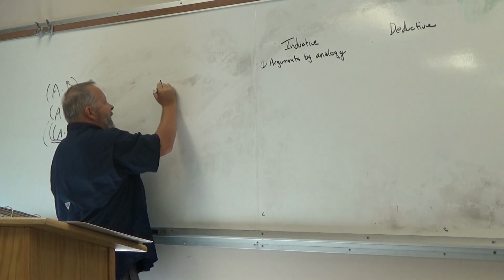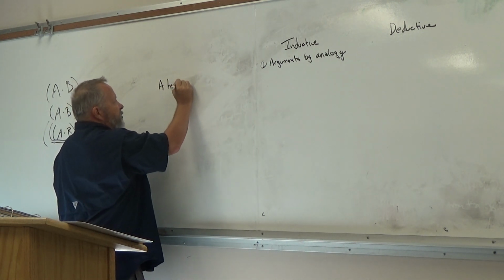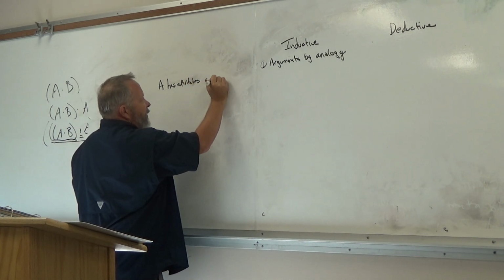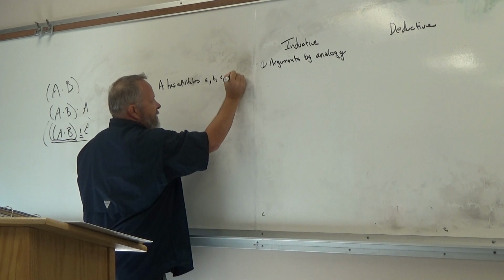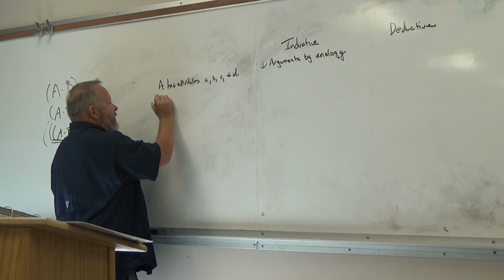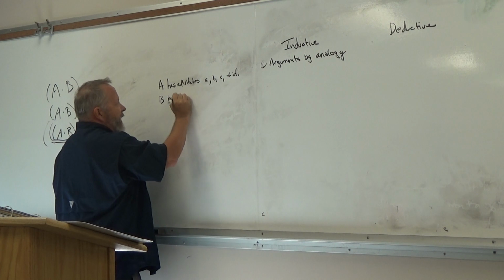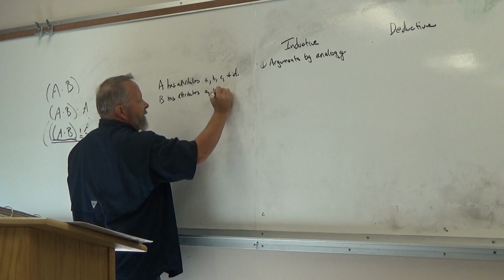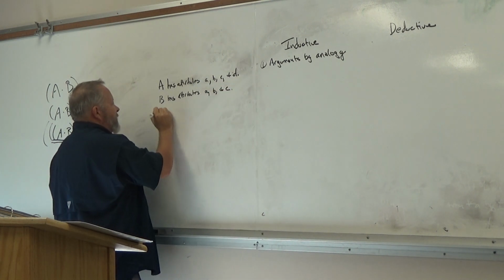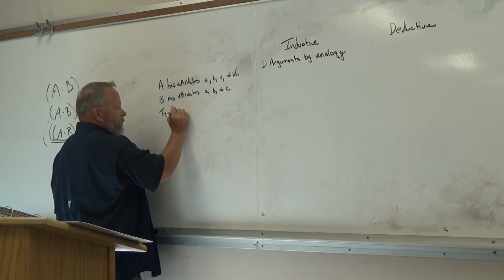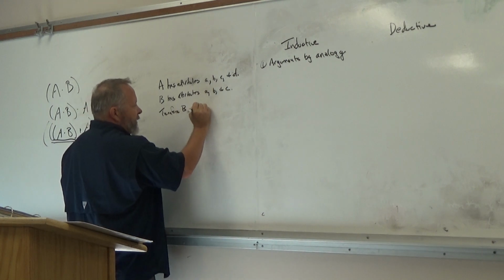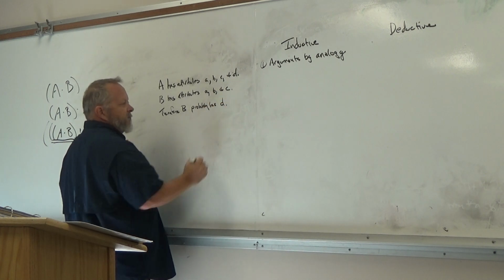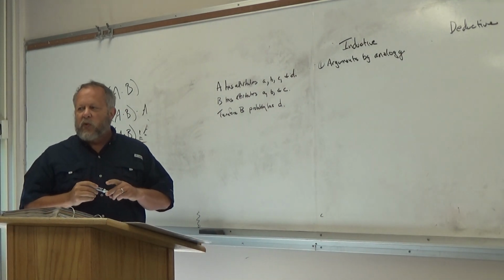We might say A has attributes A, B, C, and D. And we might say B has attributes A, B, and C. Therefore, B probably has D. Okay? That's how analogies work in general.